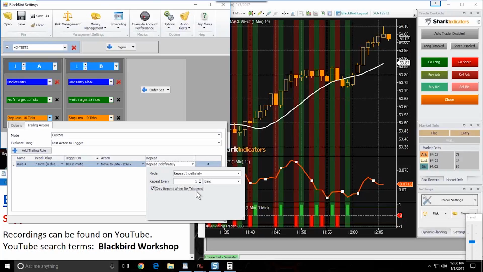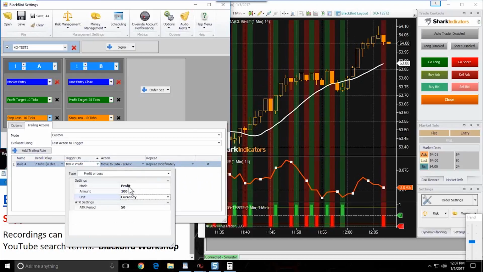Now the repeat can only happen when the trigger condition happens again. What only repeat when retriggered does is it forces the trigger event to happen again before the action can execute.